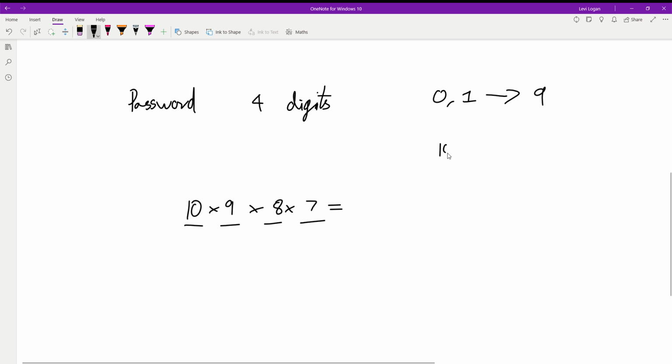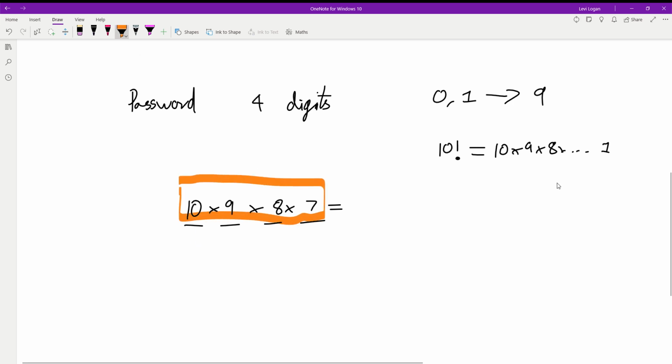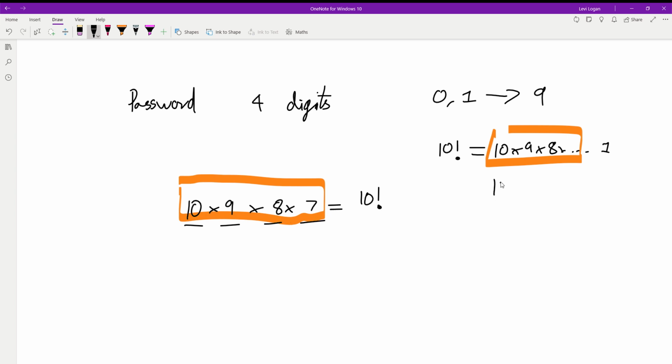Now, let's think about what we did. We know what 10 factorial is. 10 factorial is 10 times 9 times 8 all the way down to 1. We see we've got the start of 10 factorial up here. So why don't we just write that? That's equal to 10 factorial. Now, we don't have all of 10 factorial. We're missing some of it. But do you agree 10 factorial is 10 times 9 times 8 times 7 times 6 factorial?